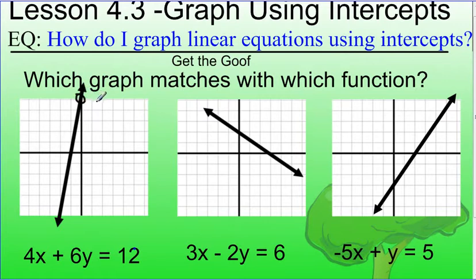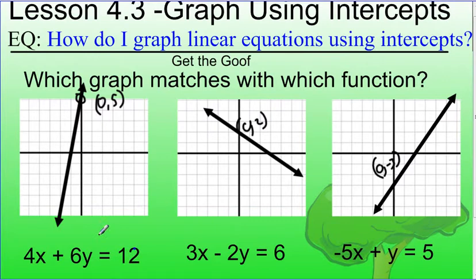So this is the point 0, 5. This is the point 0, 2. This is the point 0, negative 3. So all I have to do is see, does this point work with this line? Or does this point work with this line?